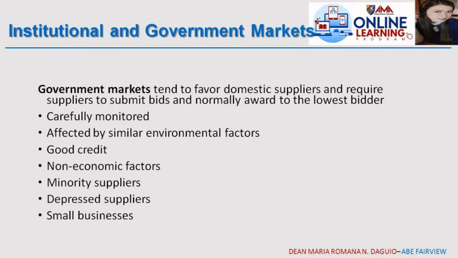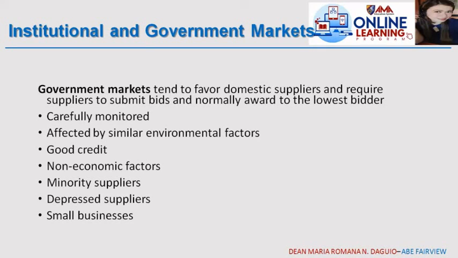How about government markets? So ito na yung government class. So it tends to favor domestic suppliers and require suppliers to submit bids and normally award to the lowest bidder. So sa government class, pag may kailangan, hindi agad-agad na nakikipag-deal. Kailangan magkaroon muna ng bidding. Kasi ang goal natin dito, no, ng government ay makatipid.